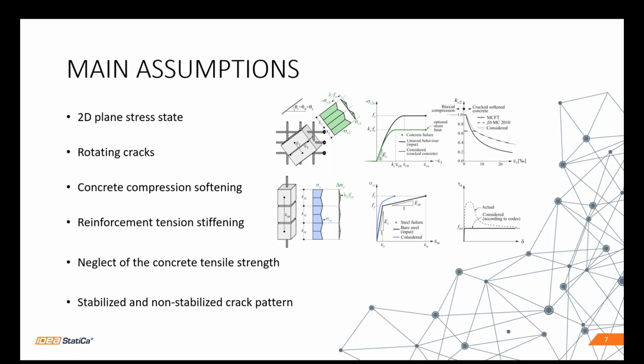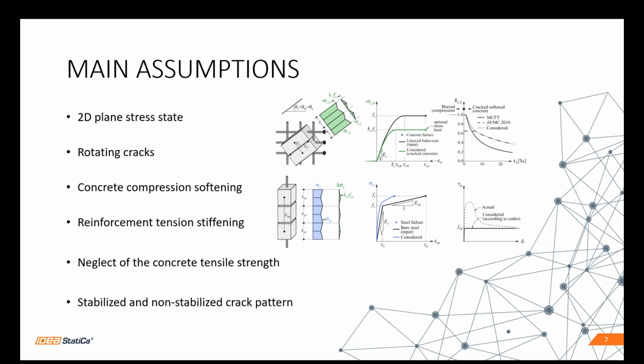What are the differences? When there is a stabilized crack pattern, there is a usage of a tension chord model, and it means if the value of reinforcement ratio is higher than the critical value of reinforcement ratio, which is approximately 0.6%, then we use stabilized crack pattern, and the reinforcement is able to carry the cracking load without yielding.